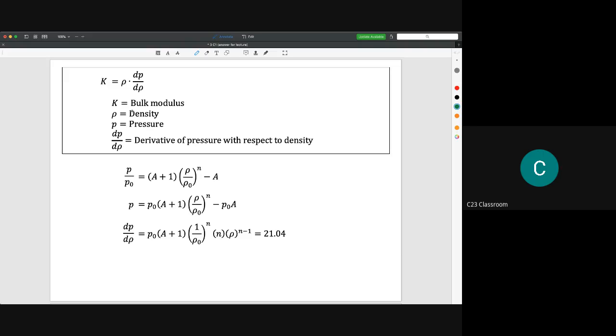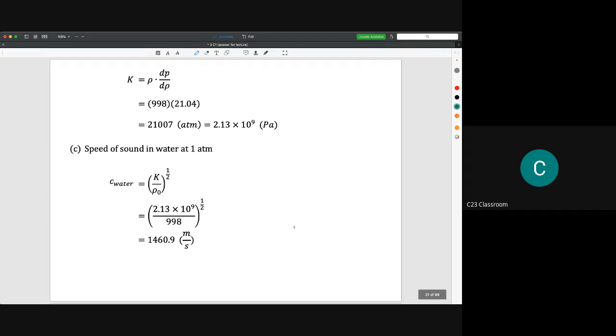Finally you get the value here, dp/d rho equal to 21.04. And then we could calculate the K, which is equal to 21,000 atm, in terms of kilopascal.